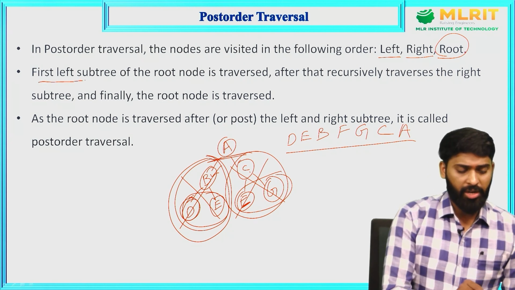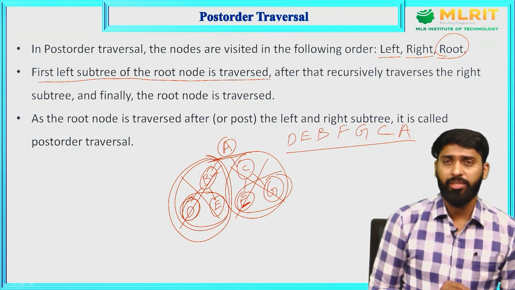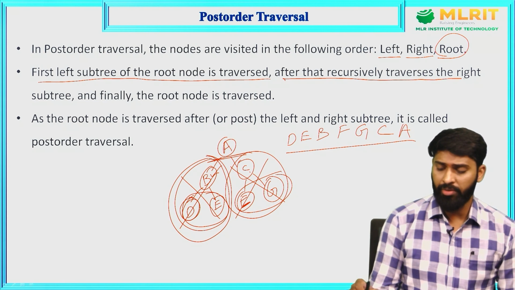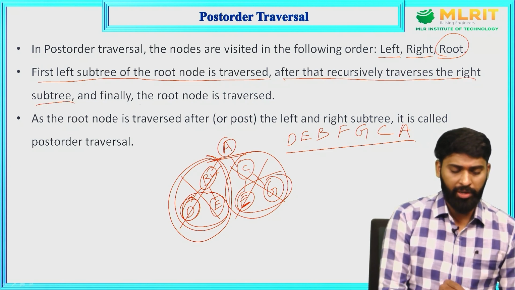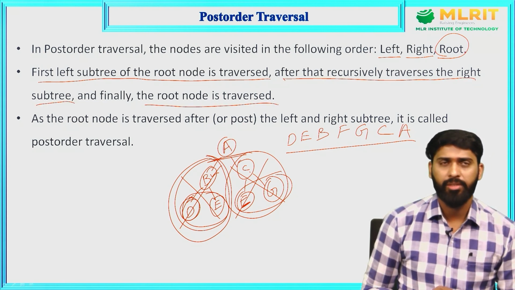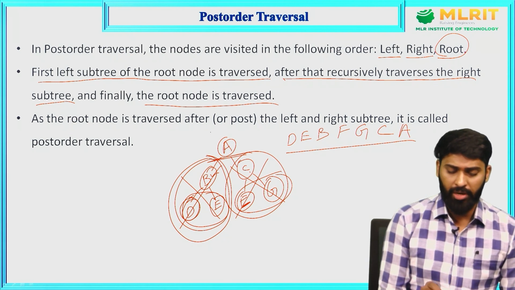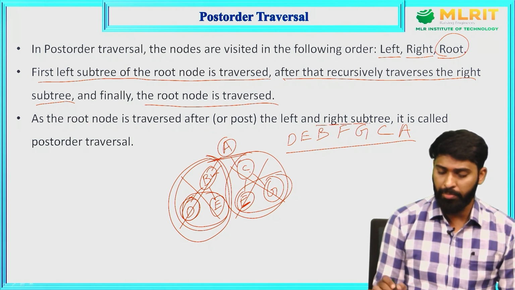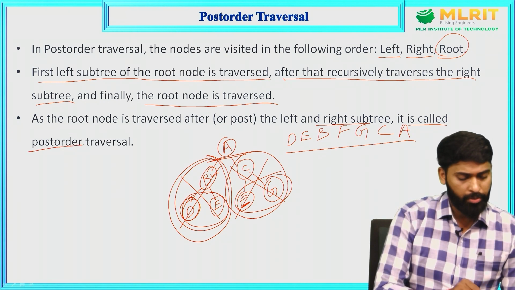So, first left subtree of the root node is traversed. After that, recursively traverse the right subtree, and finally the root node is traversed. As the root node is traversed after the left and right subtree, it is called post order traversal.